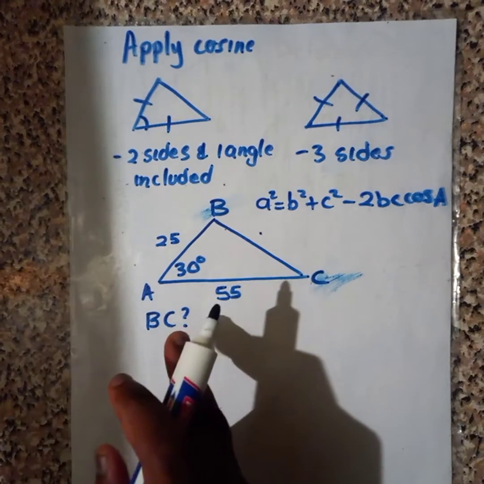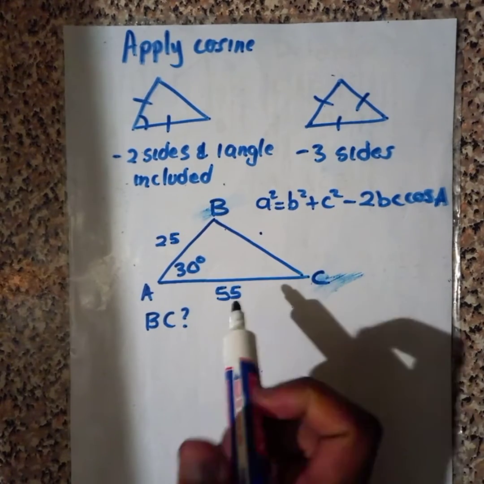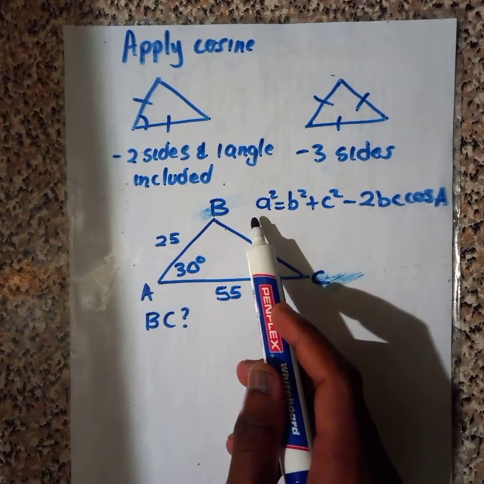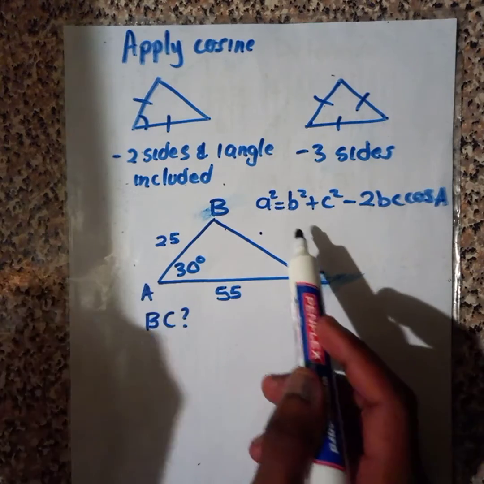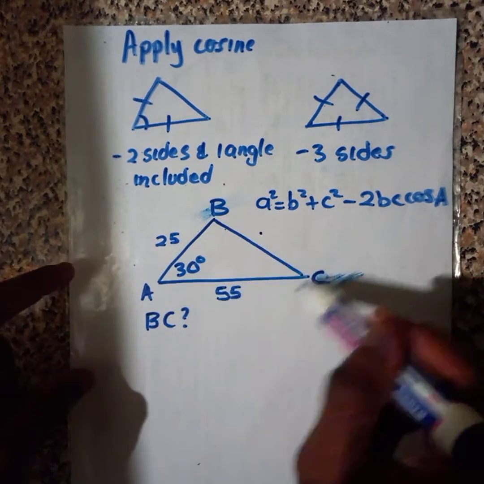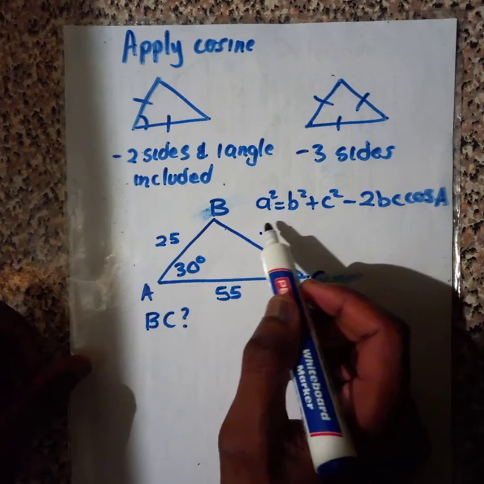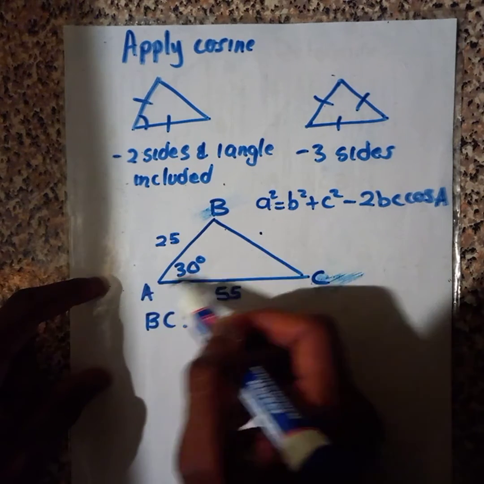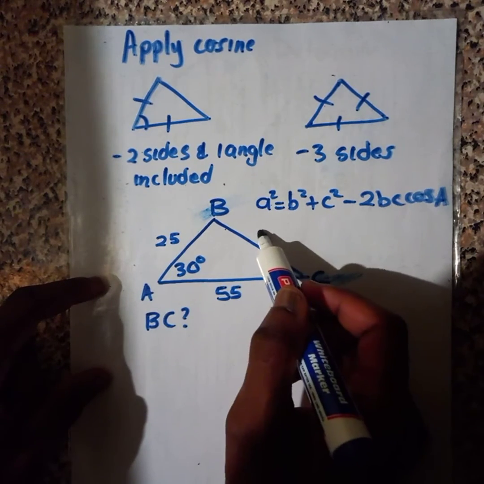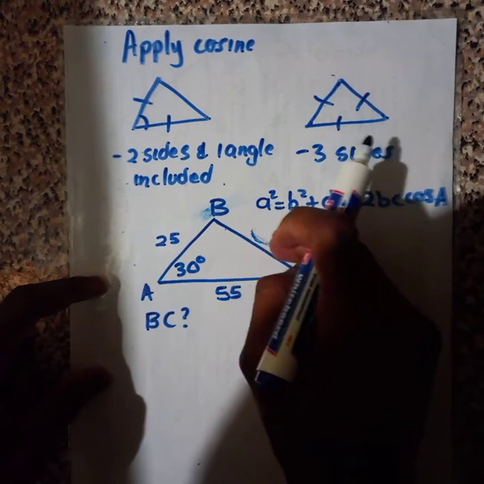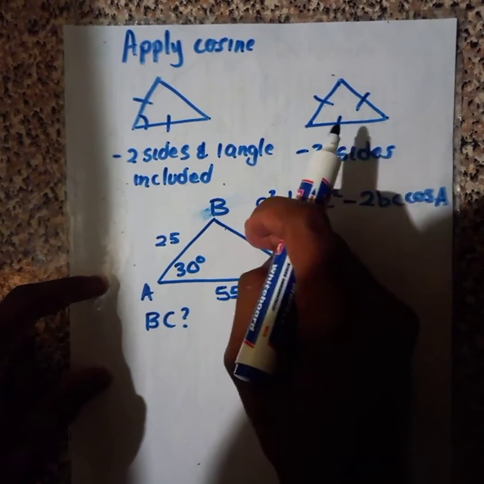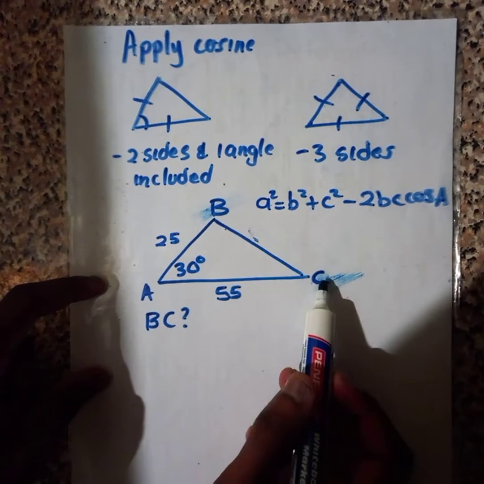But for this problem, we are not going to say lowercase a or lowercase b. Instead, we must use the givens. Normally we said a, but now in this problem we don't have lowercase a. Instead, we have BC.